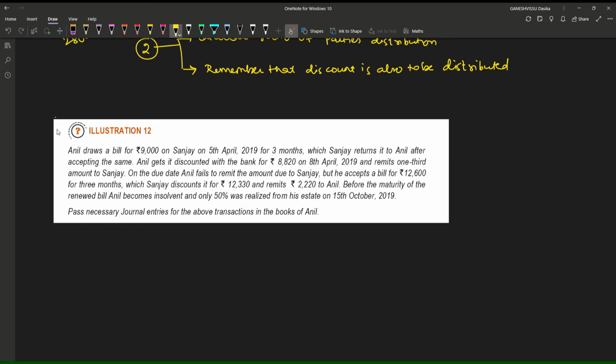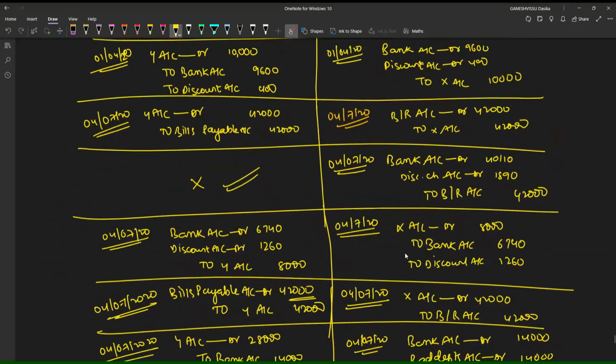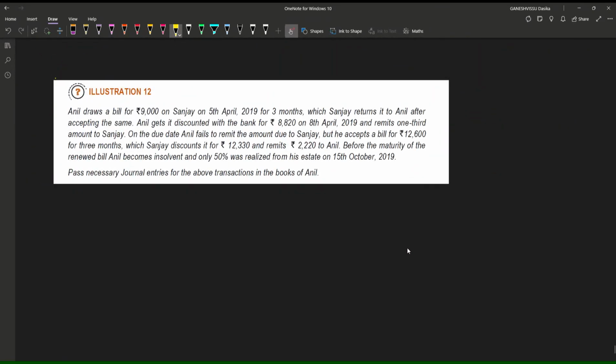I have uploaded that one also. So the last thing, the last illustration, number 12.